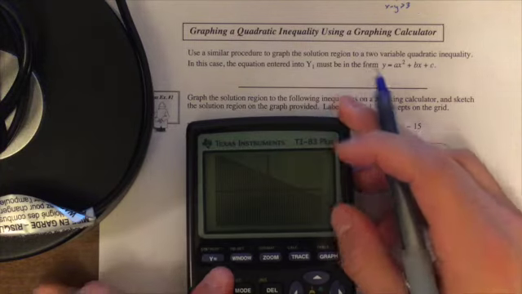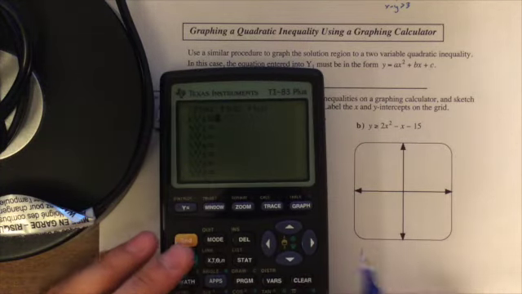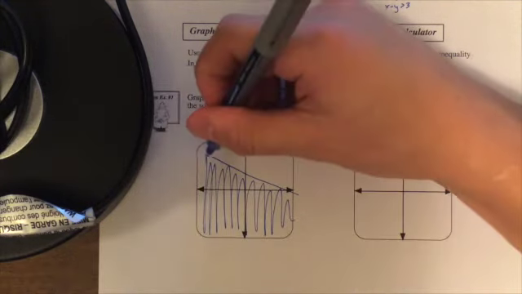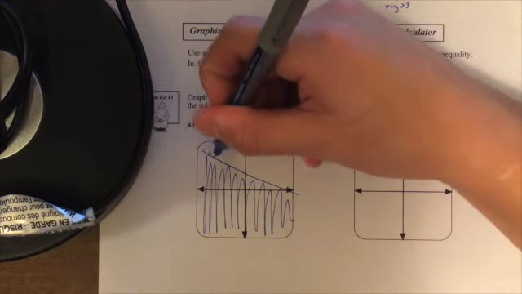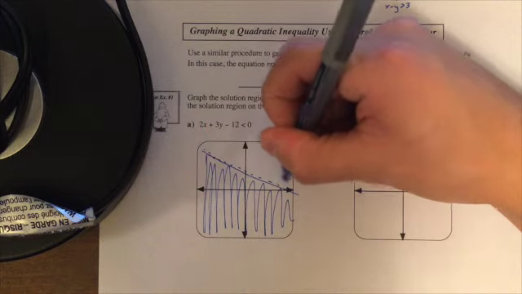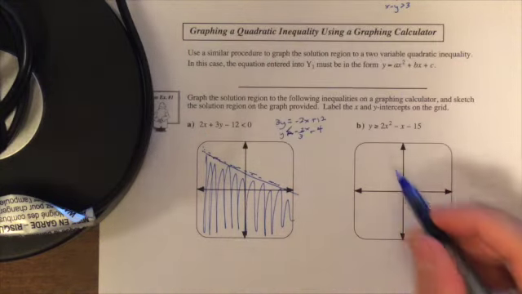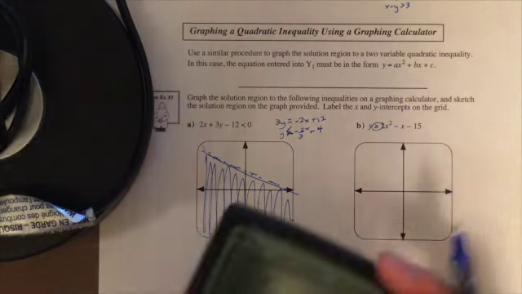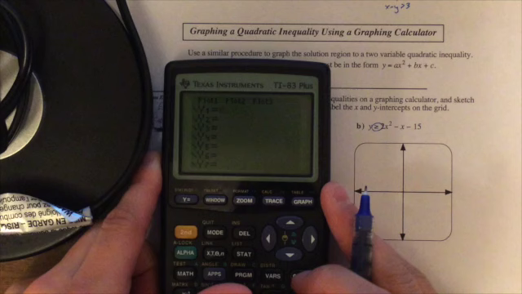My next graph is y is greater than or equal to 2x squared minus x minus 15. Oh, and one thing I didn't do on the last one: this should be a dotted line, not a solid line. That was my bad. This next one will be a solid line because I have the equal, y is greater than or equal to.